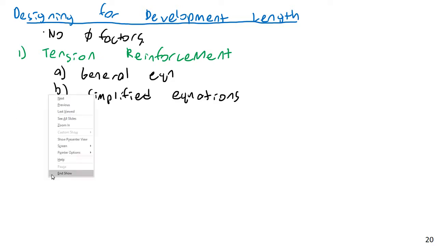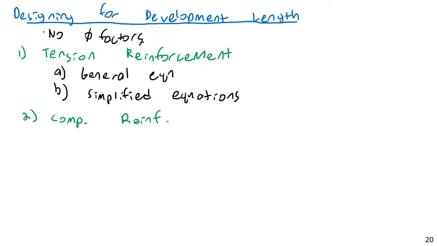Then we can also talk about compression reinforcement, and then we'll finish up with a discussion of some other things like hooked bars and other miscellaneous details, meaning steel reinforcement details.